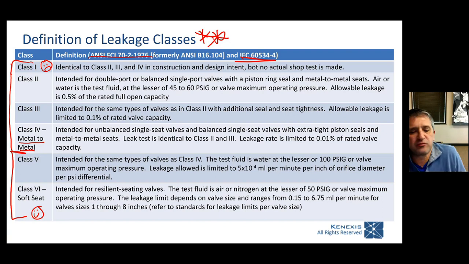To get better leak resilience, resistance against leakage, you're going to need to start moving to soft seats in class 5 and 6. And this is where the ball would be metal, but the seat would, for instance, be Teflon. And because you have an elastomer metal contact, you can push them together a lot harder and still allow the motion of the valve to happen.